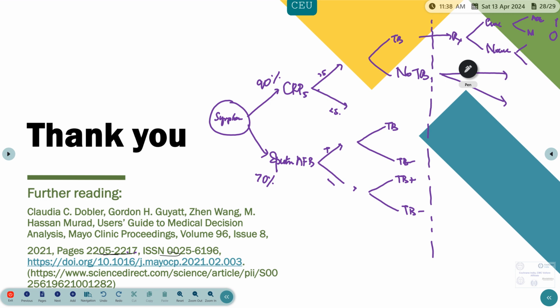So we will not be able to get the net benefit of using this algorithm, but we get some information about the sensitivity of using the symptom score plus CRP versus using the symptom score alone. So for this net benefit of 20% of sensitivity, will we change our practice to using CRP?